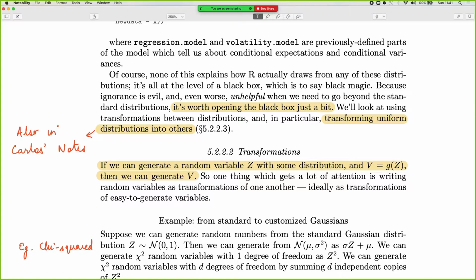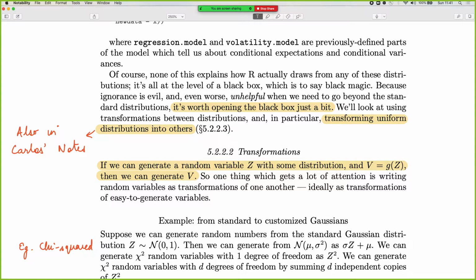So he says essentially these transformations often rely on transforming uniform distributions into other distributions. And this is something that's also covered in Carlos's notes in a nice way. I'll link you to the exact chapter and details. I'll add that here.